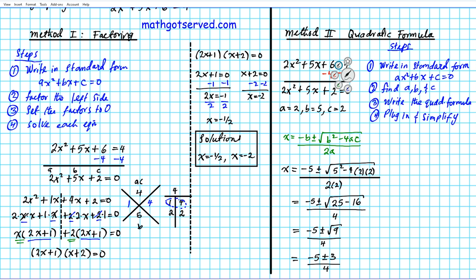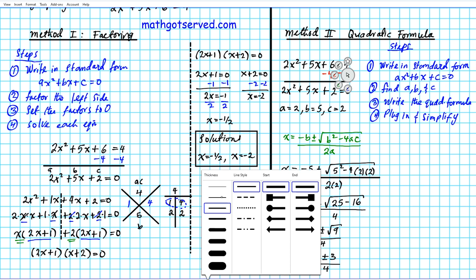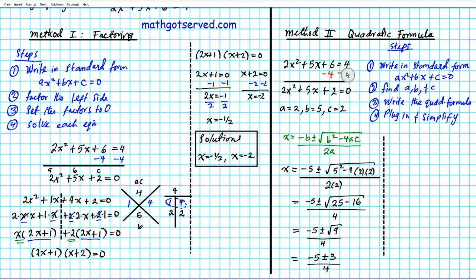Now we're going to go ahead and split the equation along the lines of positive and negative. Let's rewrite the expression. The expression that we have is x equals negative 5 plus or minus 3 over 4. So we're going to have a split here. You see this plus or minus, that's where we're splitting.